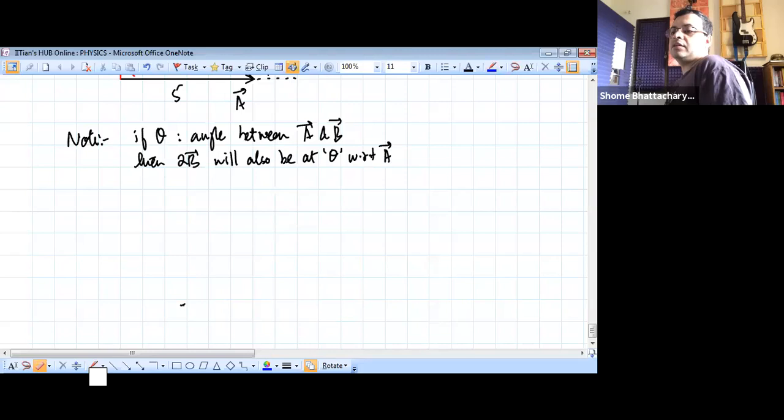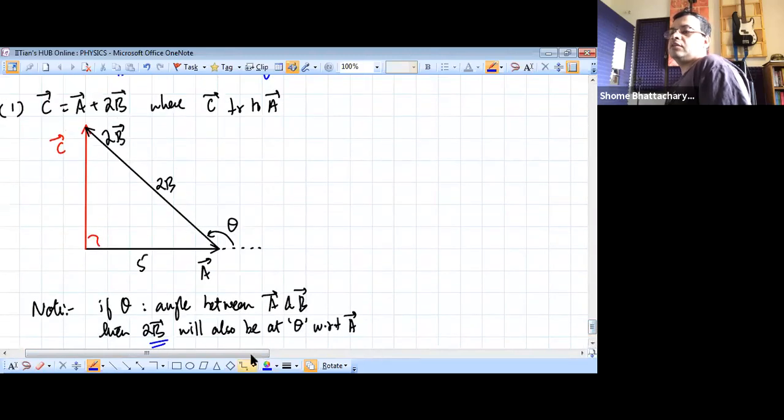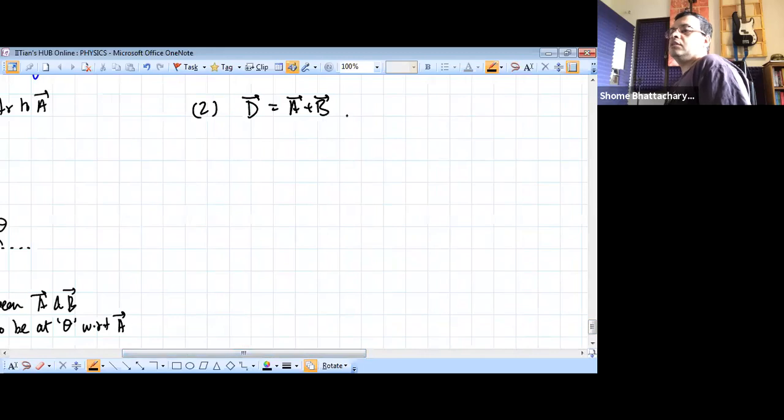So this line here is very critical, which I've written. अगर A and B के बीच angle theta है, then 2B will also be at theta. Why? Because 2B is along B only. It is along the vector B. That's why. Now, in comparison to this, if I draw the vector triangle for the second operation, the second operation was D is equal to A plus B, and in this it was understood that magnitude of D was equal to magnitude of E, which is 5.